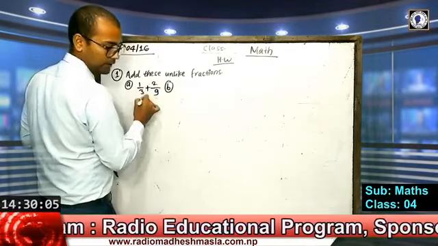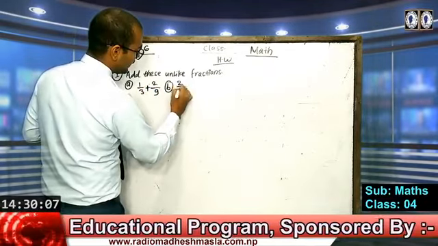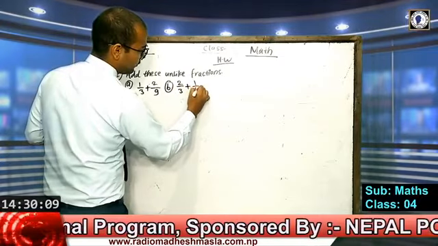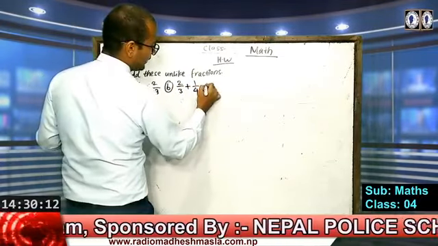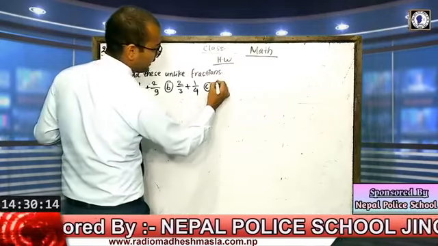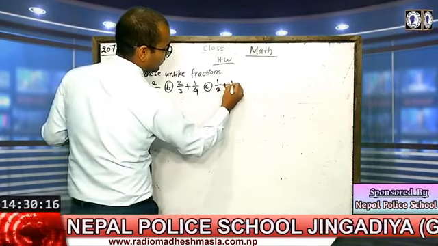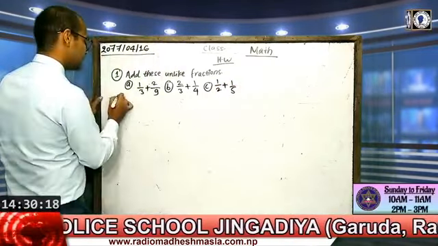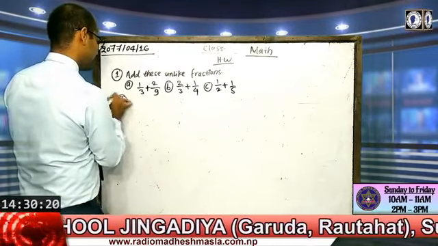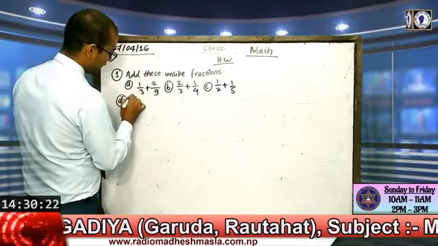Question B, 2 by 3 plus 1 by 4. In the same way, question C, 1 by 2 plus 1 by 5.